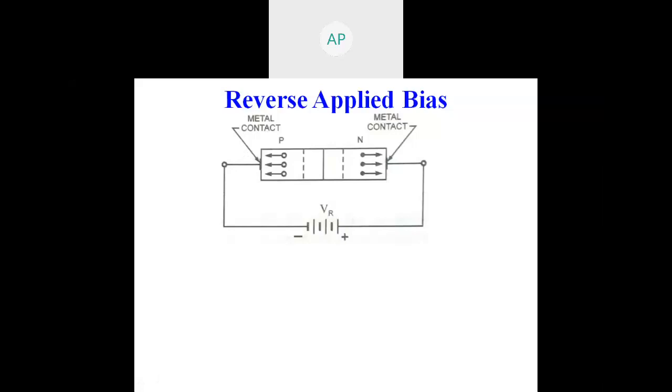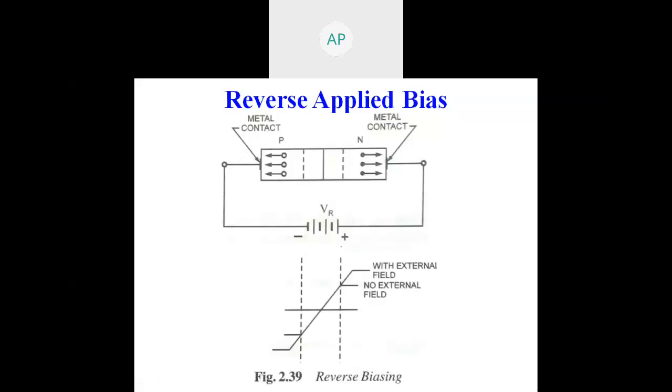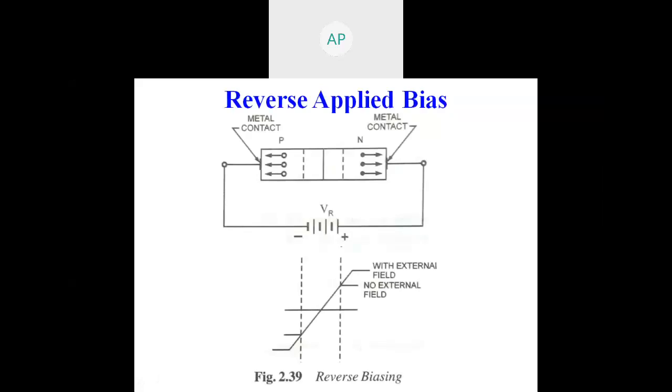And for reverse bias, there is no movement of majority carriers, holes from the P side to the N side and electrons from the N side to the P side. Therefore there is no movement, and therefore no flow of current.